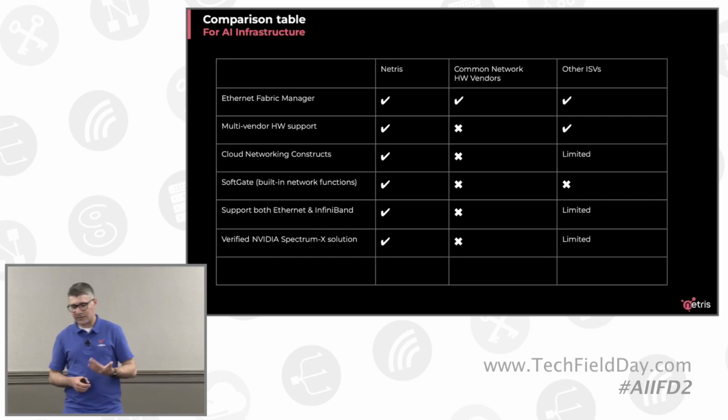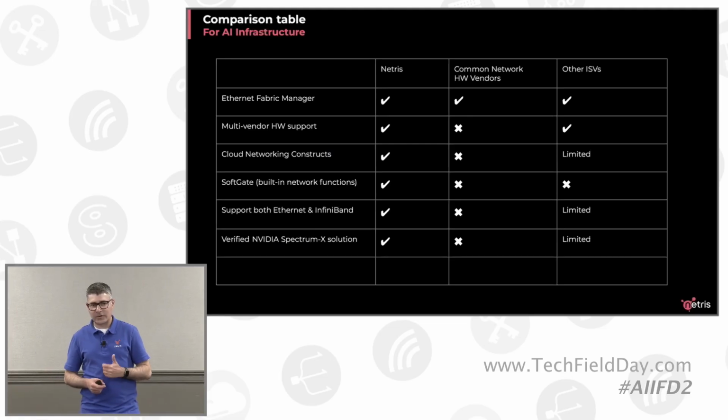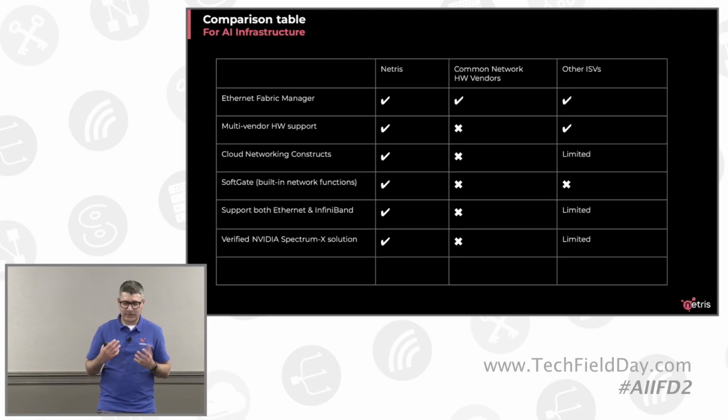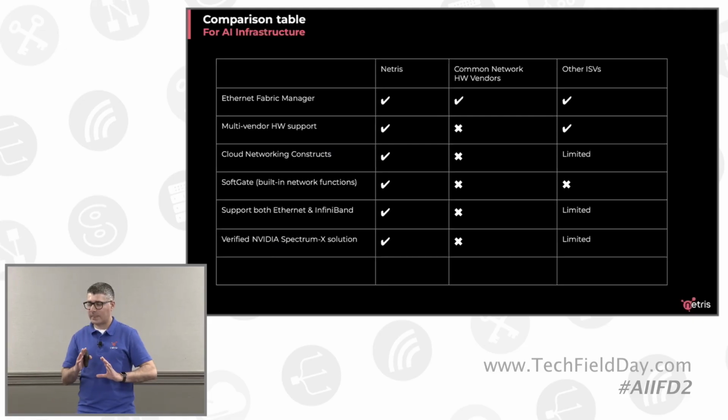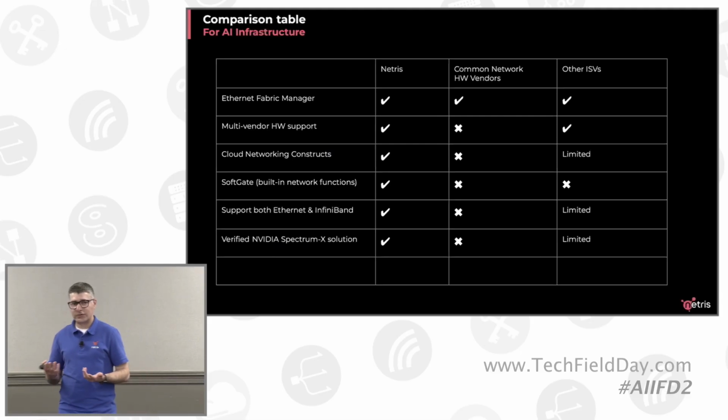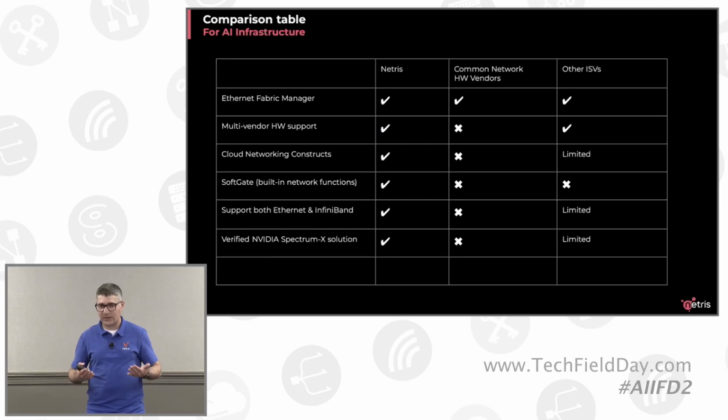Some of the important differentiators: we're multi-vendor. We don't manufacture hardware. We don't care what hardware you use. We want you to be successful. We provide these cloud networking constructs, whereas traditional network automation platforms were designed more for the enterprise data center use case, and they don't necessarily optimize for this kind of AI cloud builder use case.